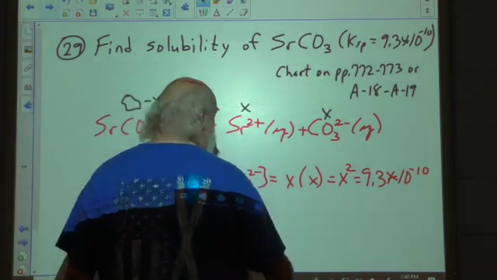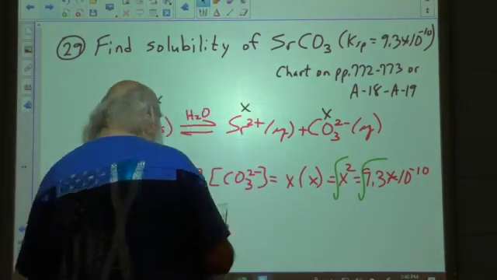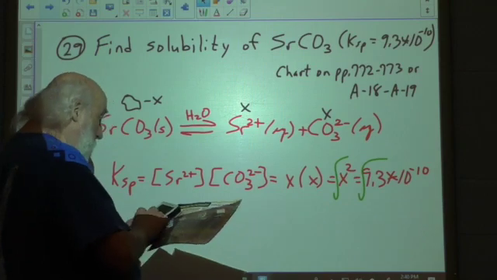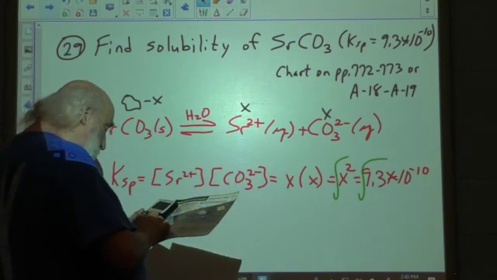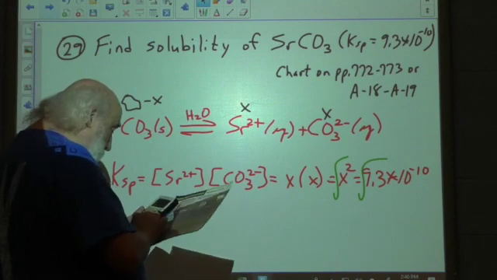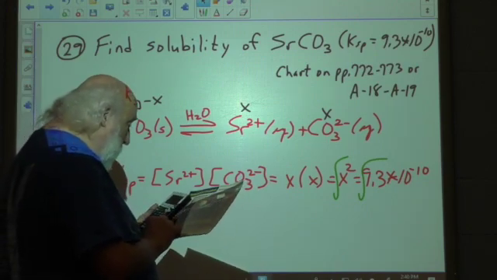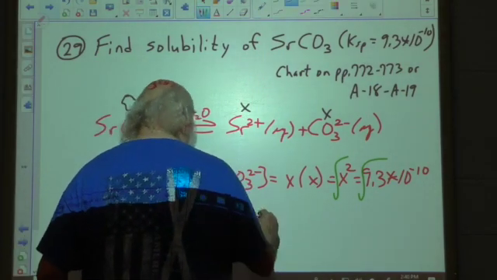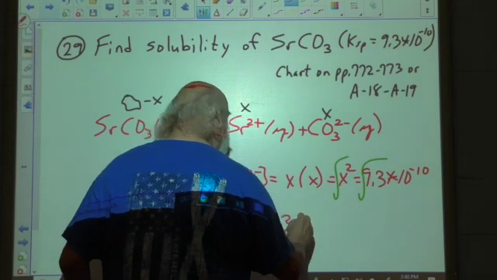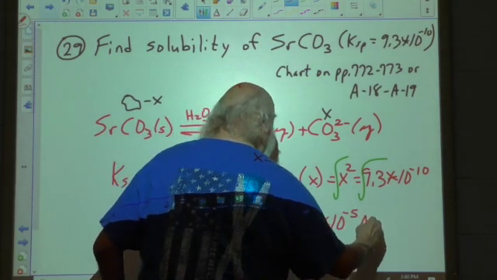So now all we have to do is take the square root of both sides of this. So on the calculators, we get second square root, 9.3 EE negative 10. And we get 3.05 times 10 to the negative 5 moles per liter.